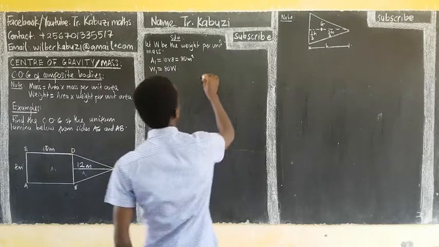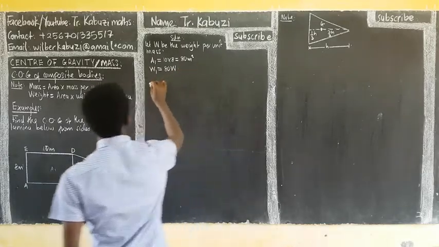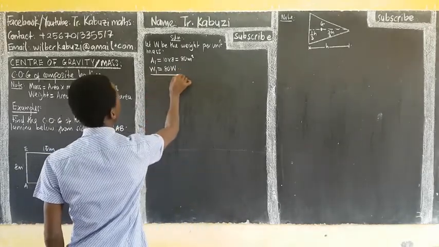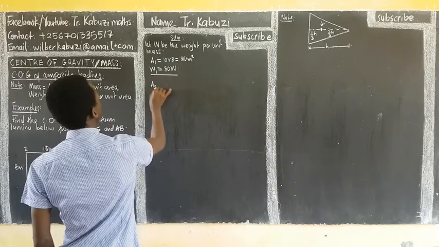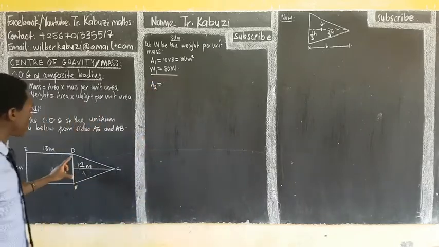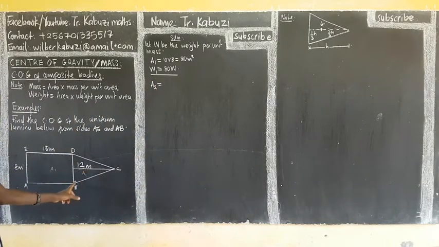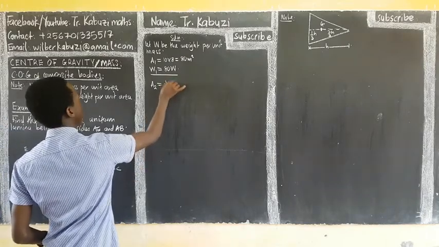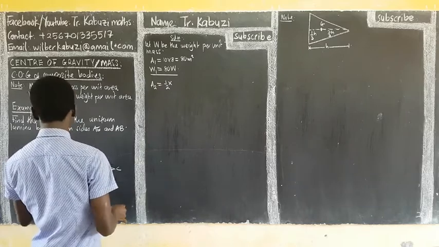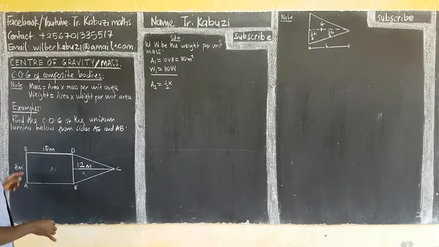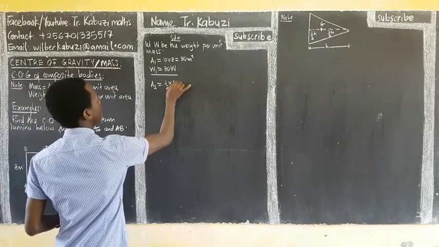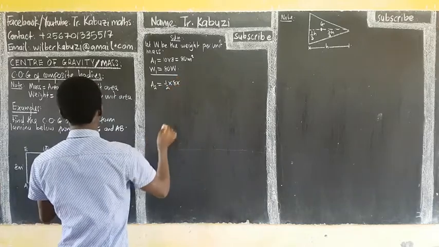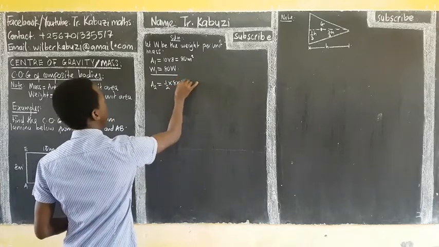Then when I come to getting the area A2, now this one is a triangle. So its area is given by a half times the base. The base, you see from here, is the same as this 8, then times the height, which is 12.